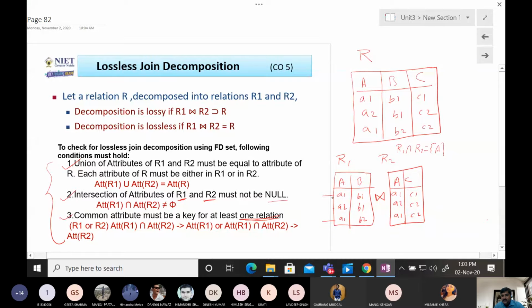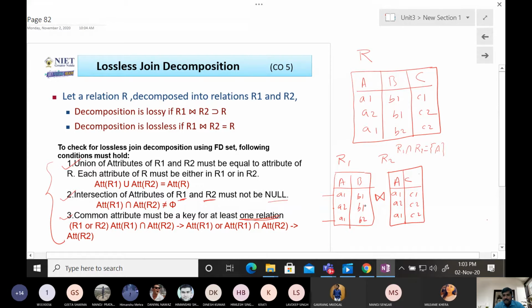So this is not allowed. But if we write B1 here, then you can say that A determines B. But here A does not determine B, and if A does not determine B, it means that A is not a candidate key. Did you get it?